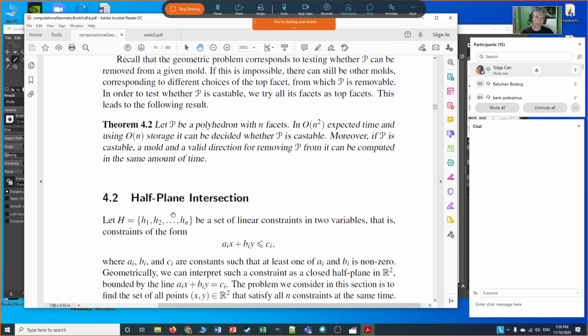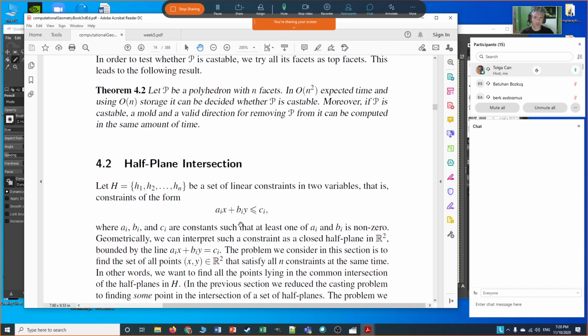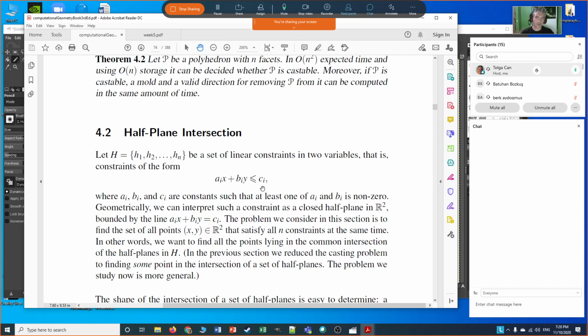Section 4.2, I'm going to skip over quickly because I'm more interested in this incremental randomized algorithm. This half plane intersection, I'm still going to go over, but not in the details here. Our problem is half plane intersection. These are our constraints, all right?